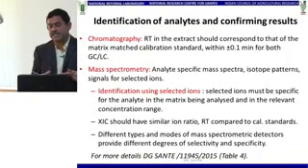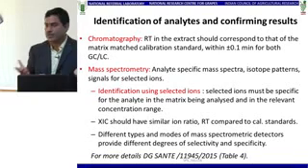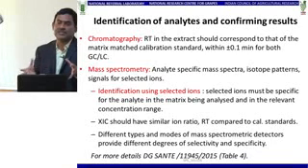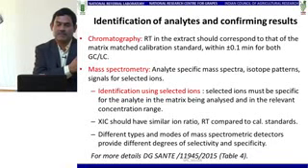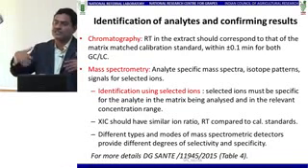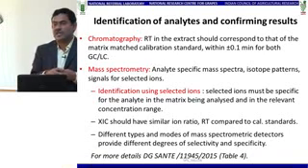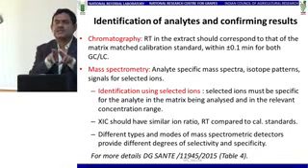Finally, identification of analytes and confirming the results. There are two things. One is chromatography, which has to be done, otherwise compounds cannot be separated. However fast your analytical technique is, whatever the speed of your mass spectrometry, some separation is required.